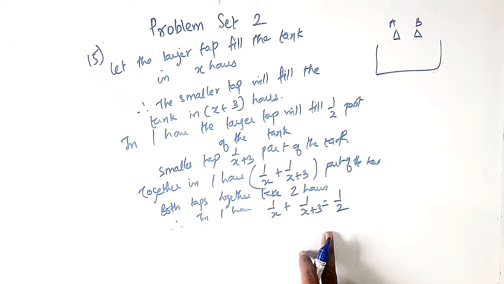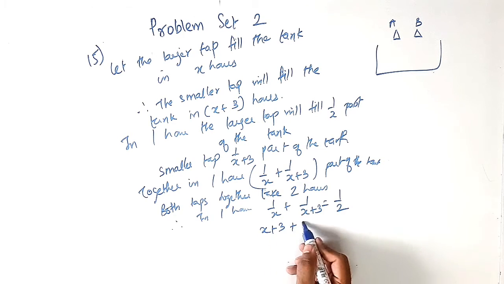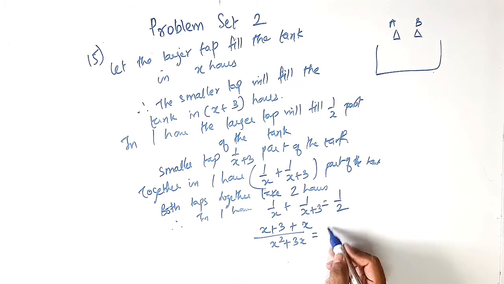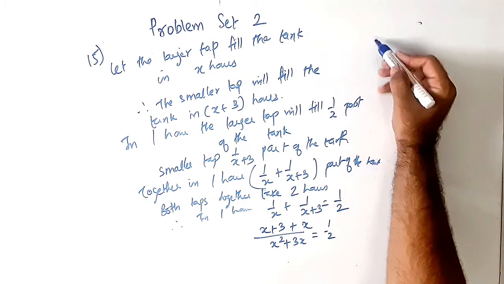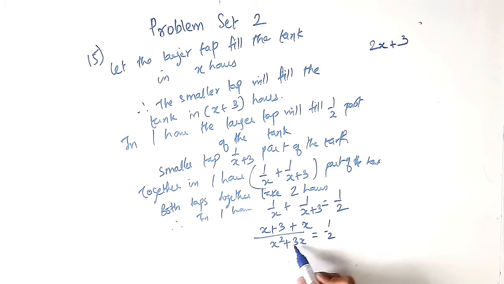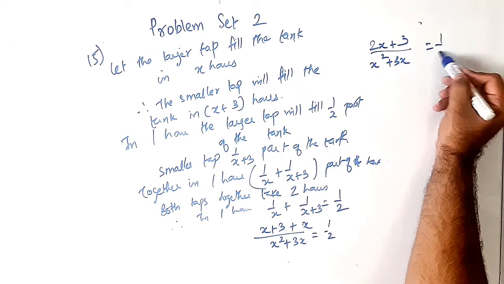Now simple, just cross multiply this. x plus 3 plus x upon x square plus 3x equals to half. Now this will become 2x plus 3 upon x square plus 3x equals to half.